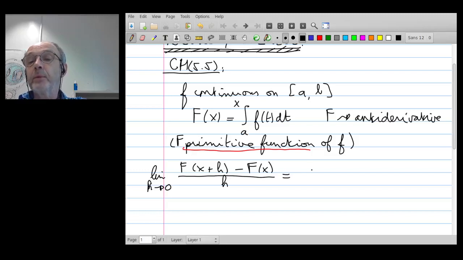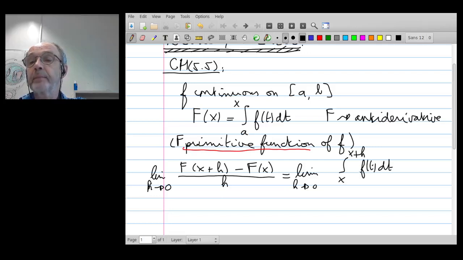We have two integrals, you can subtract them from each other, and if we assume that h is positive, you have the lower boundary below and the upper boundary up.